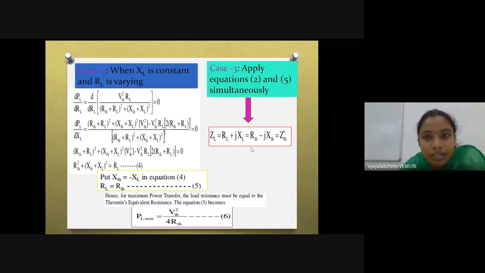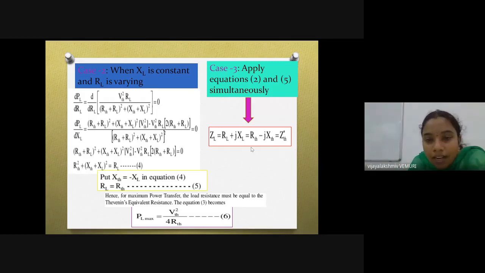So the meaning here is that equations 2 and 5 hold simultaneously. We assumed ZL is equal to RL plus JXL, and ZTH we assumed as RTH plus JXTH. But while proving, what we got is XTH is equal to minus XL, or XL is equal to minus XTH, but not equal to plus XTH.